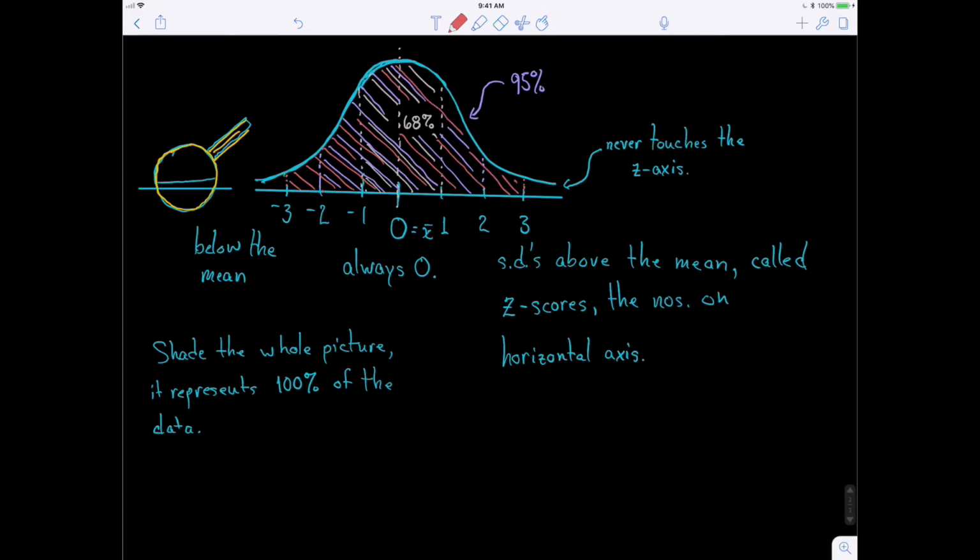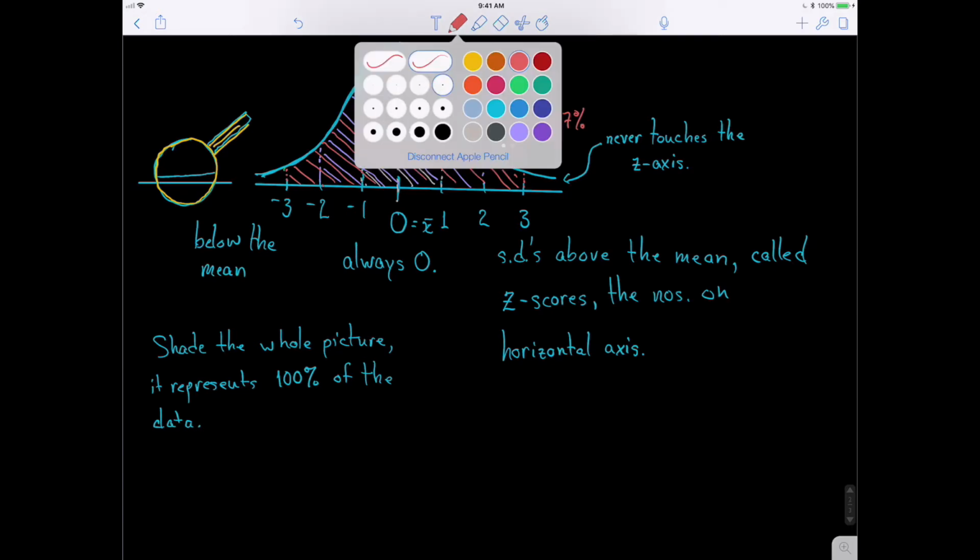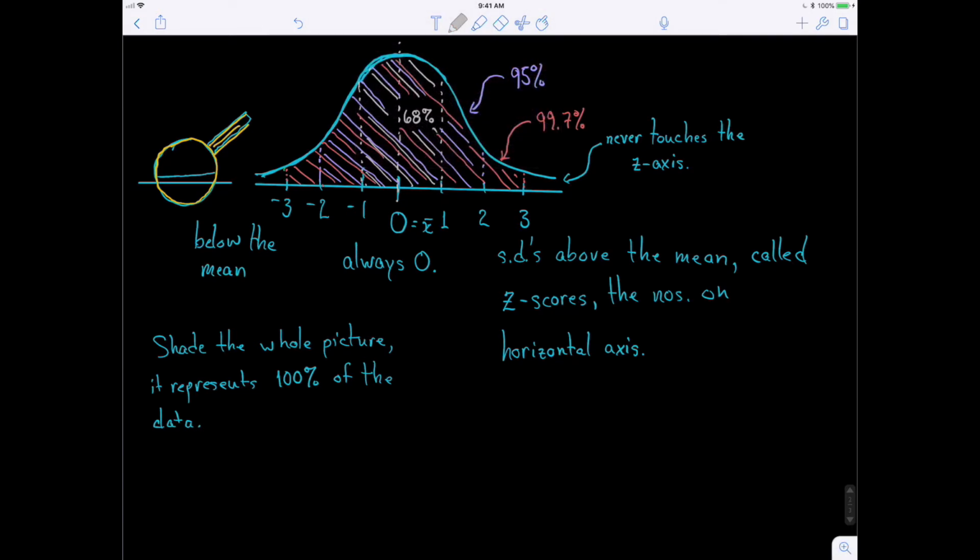There's a little tiny space left out in those tails, and they do have values. So we haven't shaded 100%, but we've shaded 99.7% of the data. And this pattern is called the empirical rule.